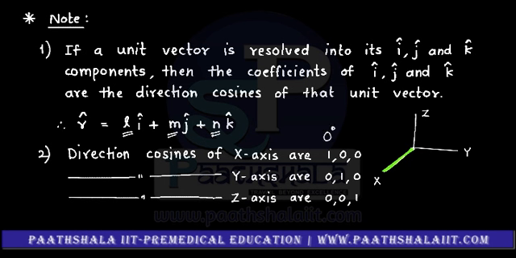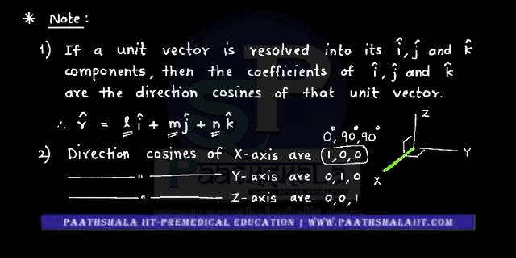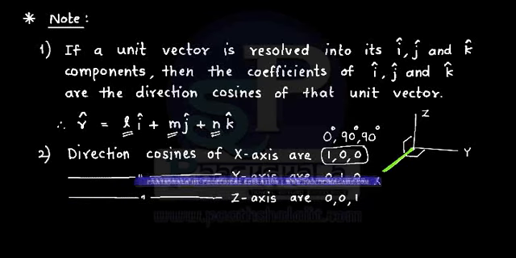Then the angle which x axis makes with y axis is 90 degrees, and the angle which x axis makes with the z axis is also 90 degrees, and hence the direction cosines of x axis are nothing but the cosines of these direction angles. And since cos 0 is 1 and cos 90 is 0, we get the direction cosines as 1, 0 and 0. Similarly we can easily show the direction cosines for y and z axis also.